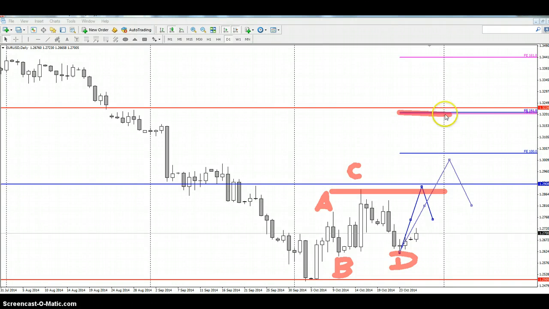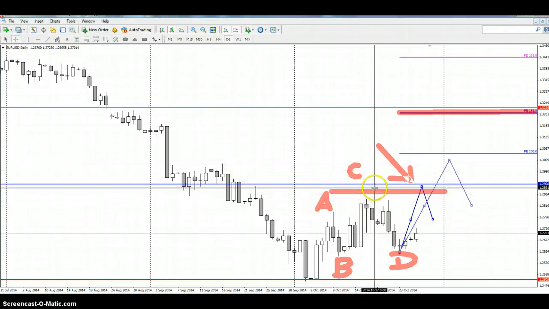Right now it's pretty much this area here where the price could go in a wave up if the price breaks that level here.